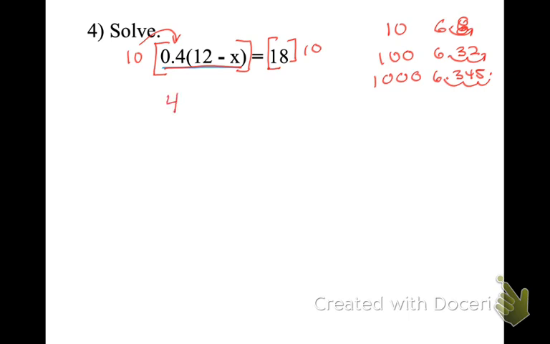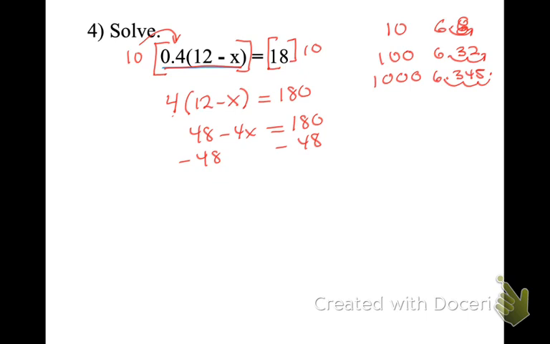So then I get 4 times the quantity of 12 minus x equals 180. So 4 times 12 is 48 minus 4x equals 180. I'm subtracting 48.